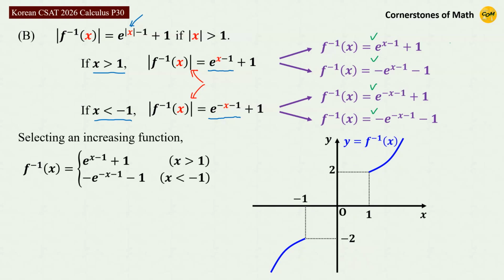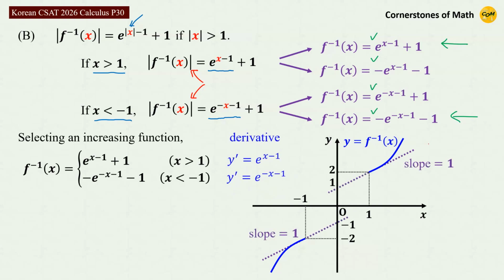If x is greater than 1, this is the increasing function, and if x is less than -1, this is the increasing function. So the graph of the inverse looks like this, and just like the previous case, using derivatives, we can calculate the slope at each endpoint, x equals 1 and x equals -1, and you can realize that the slope becomes 1 at both endpoints.